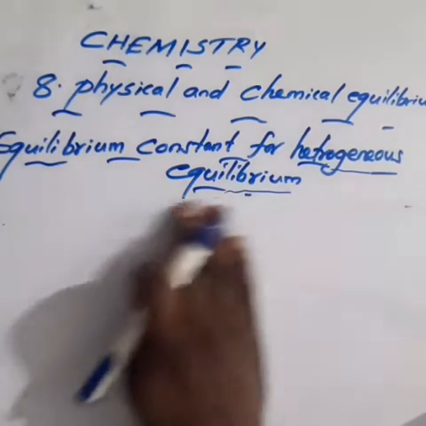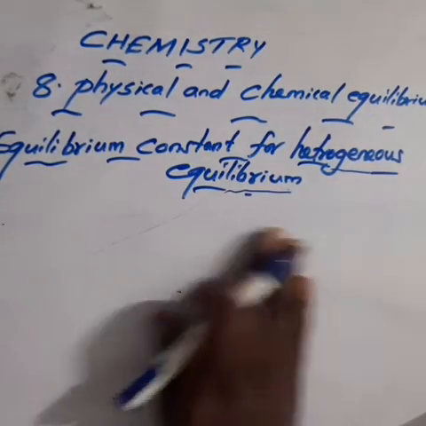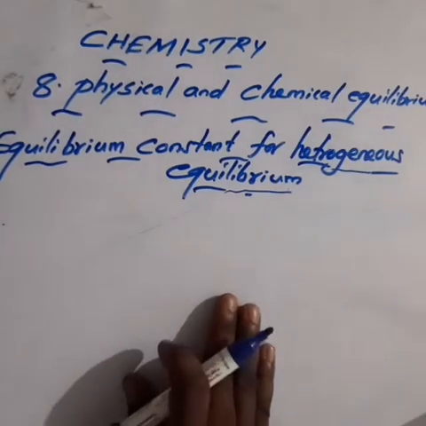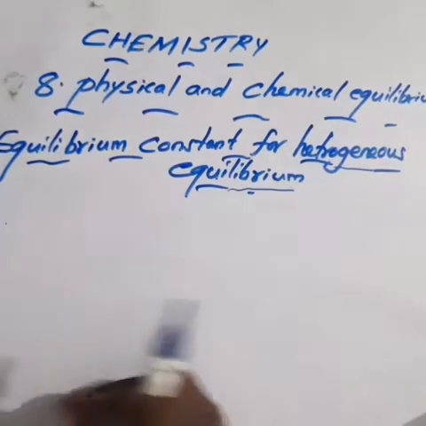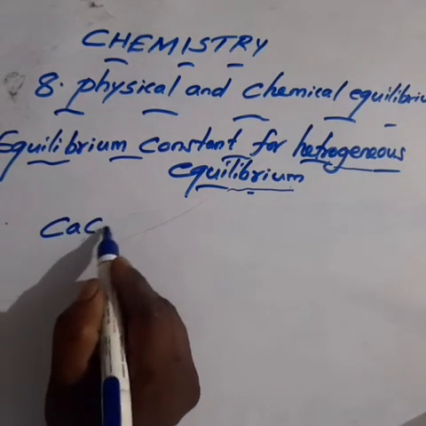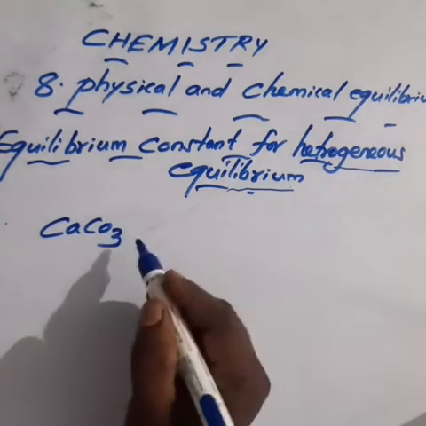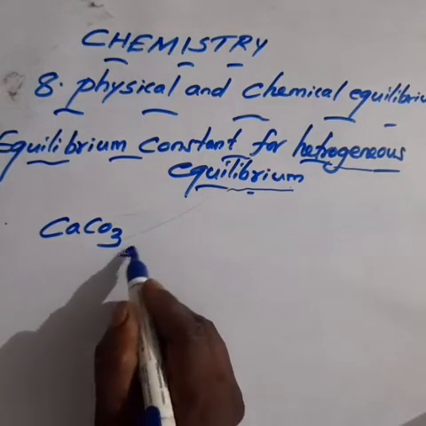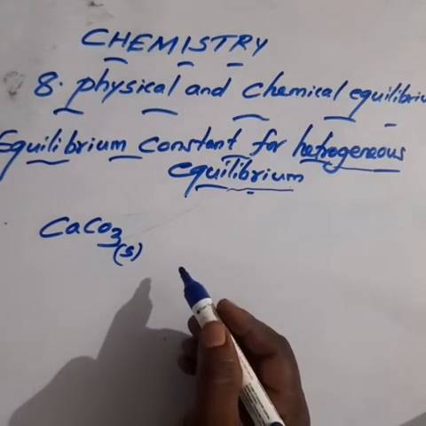Let us consider one of the following heterogeneous equilibria. I'm taking calcium carbonate. What is the formula for calcium carbonate? CaCO3. Calcium carbonate is in solid state.